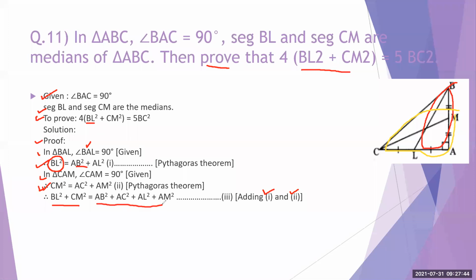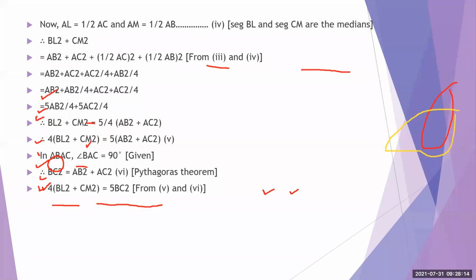Now look here, AB square plus AC square is equal to AL square plus AM square. Clear up to this? What have we done in the next step? We added both of them since we require the addition of the two. Okay.